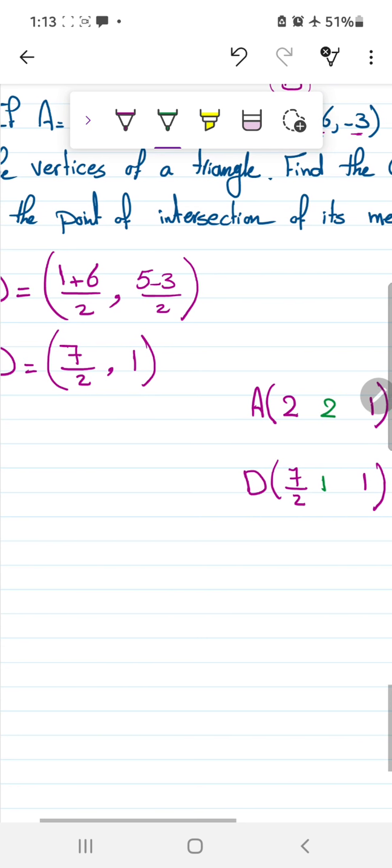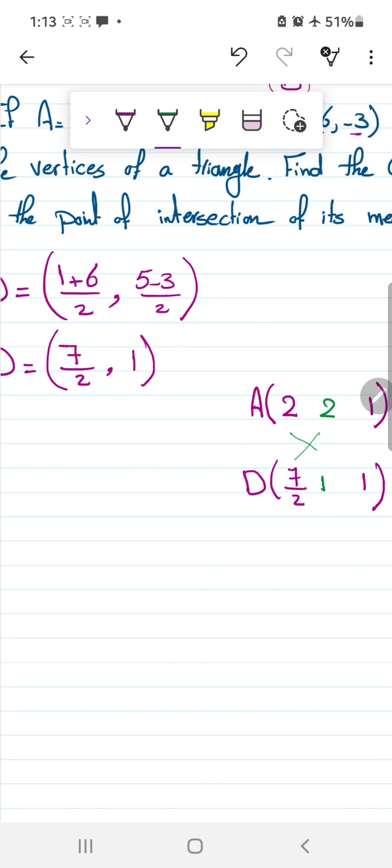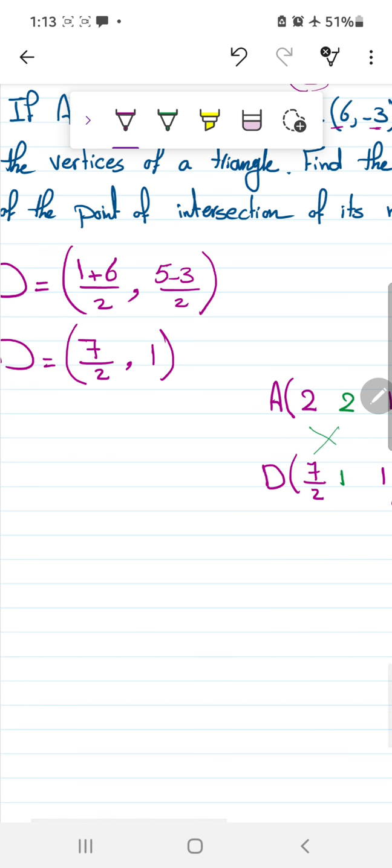Okay? And use cross multiplication to get the point E. Here, X equals what? 2 times 1 plus 2 times 7 over 2, over 2 plus 1. So the result will be 9 over 3 equals 3.